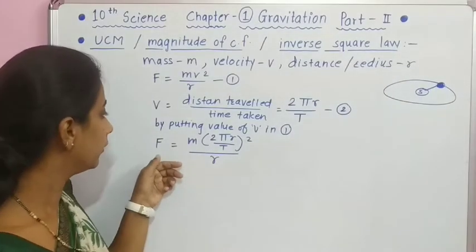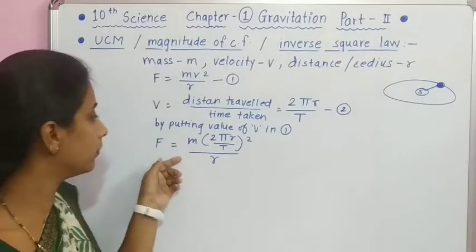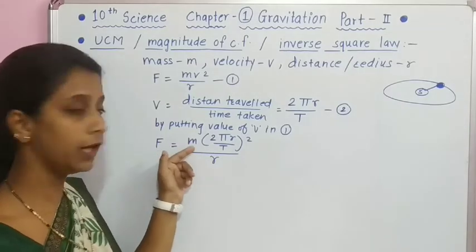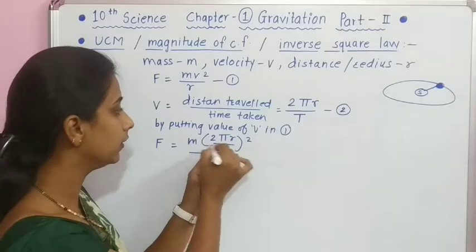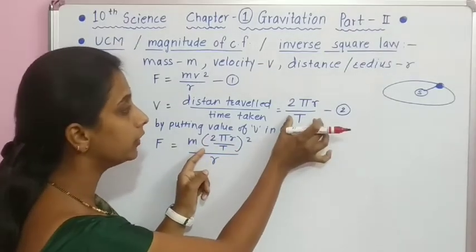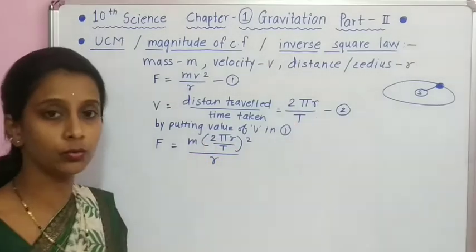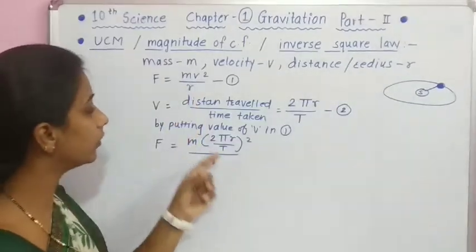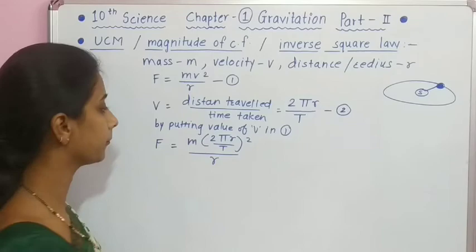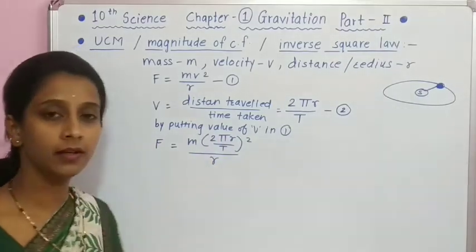So equation 1 becomes F equals m into (2 pi r upon T) whole squared, that is the value of v from equation 2, and the square of the bracket is there as it is v square, and the whole is divided by r.